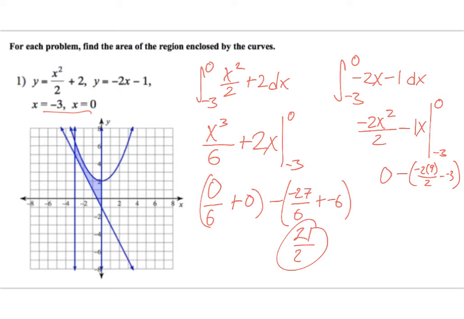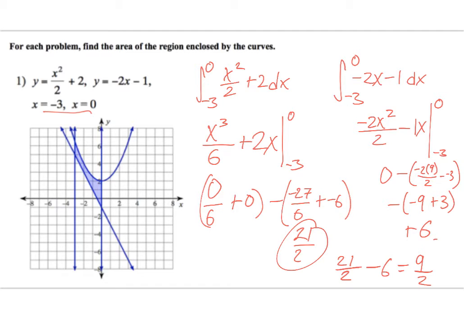Okay, that's going to give us negative 9 and then plus 3, which is going to be 6. So if we do 21 over 2 minus 6, we end up getting 9 over 2 as our answer.